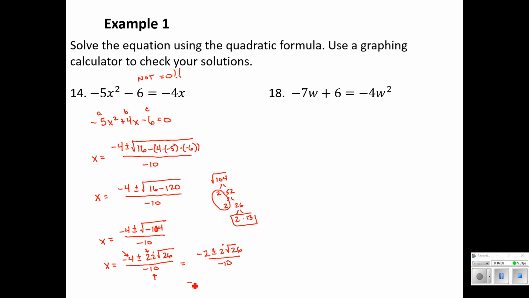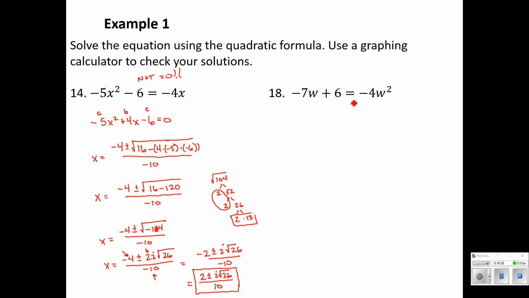It cleans it up. So 2 plus or minus i root 26 all over 10. All right, and notice that multiplying by negative 1 did not affect this i root 26 because it already had both signs attached to it. It didn't matter.